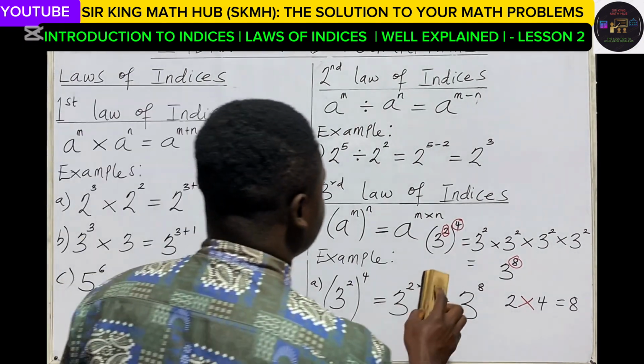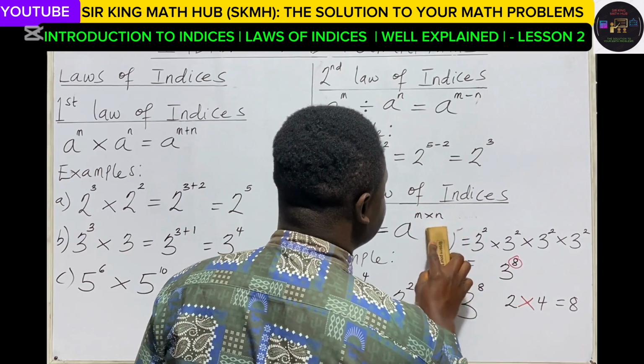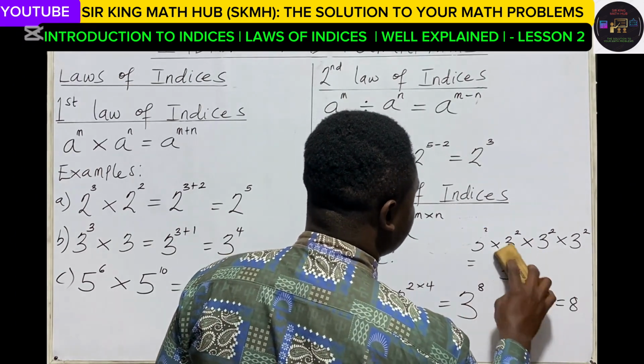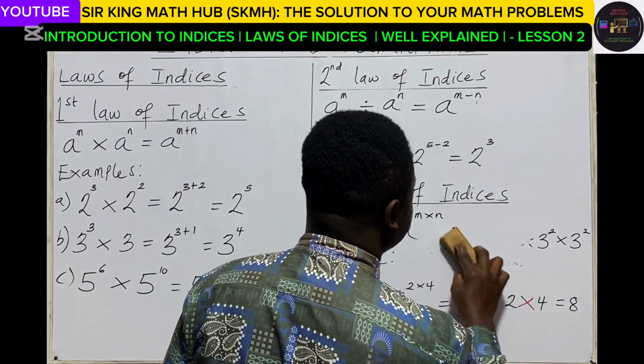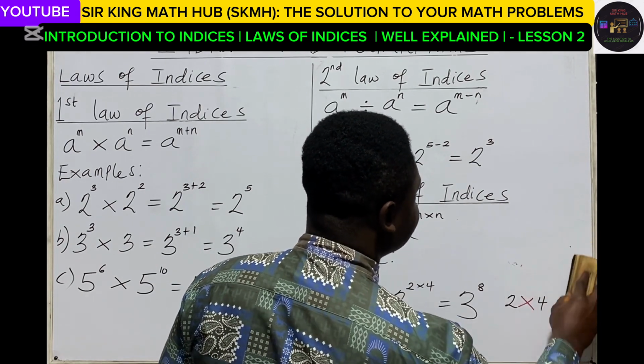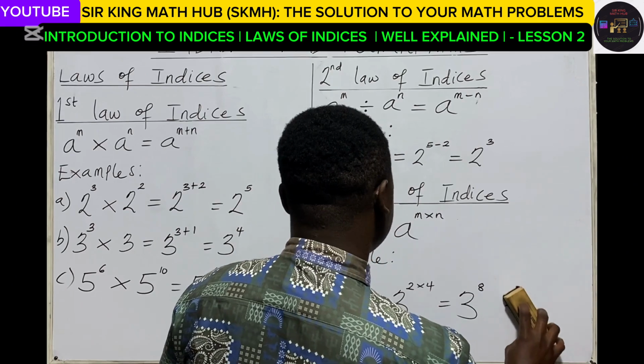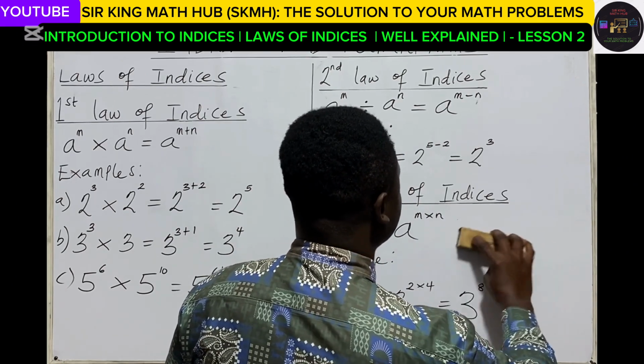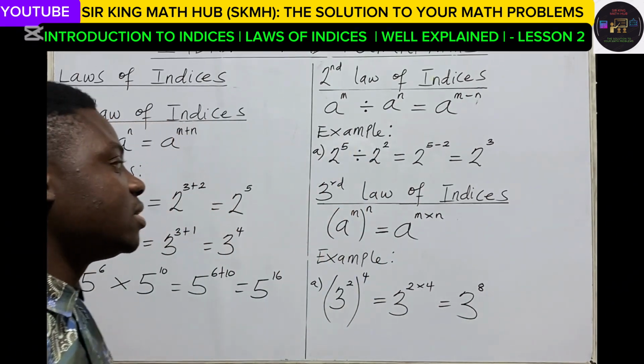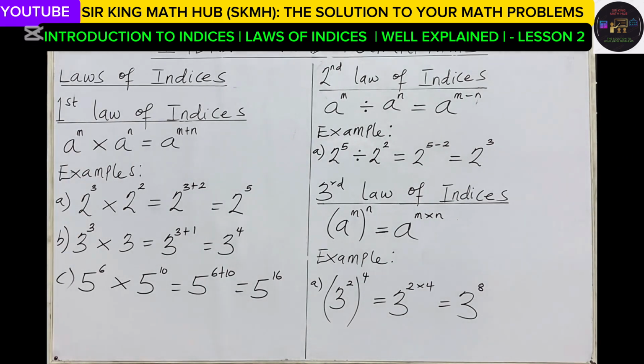So that makes it very easy for us. So you can see that when we familiarize ourselves with the laws of indices, it makes it easier for us to solve problems related to indices.